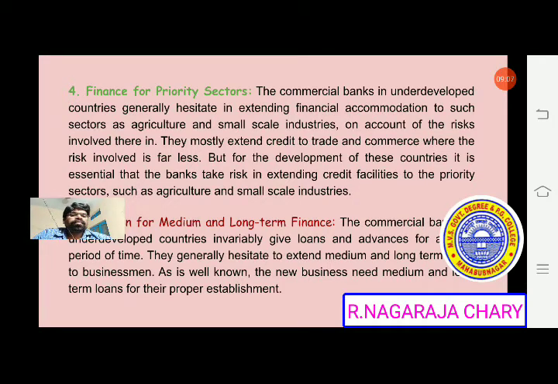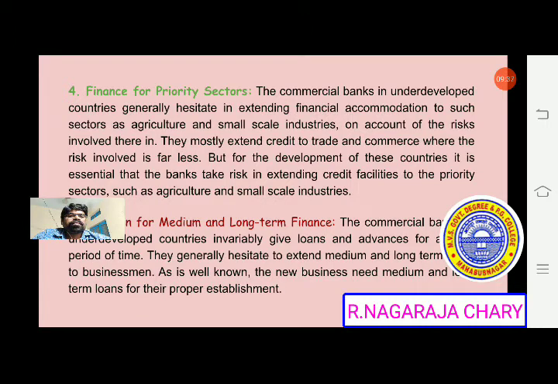So that's why small scale industries, medium scale industries and agriculture industries are to be given importance, because they have to develop, most of the people depending upon these sectors only. So that's why in Indian plans also, agriculture, industries and the service sectors are also given importance.